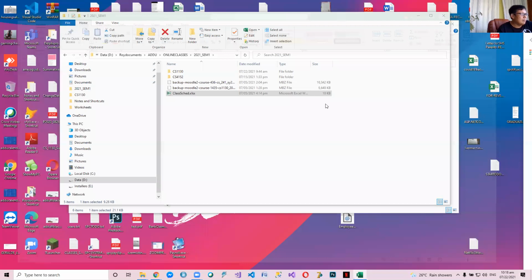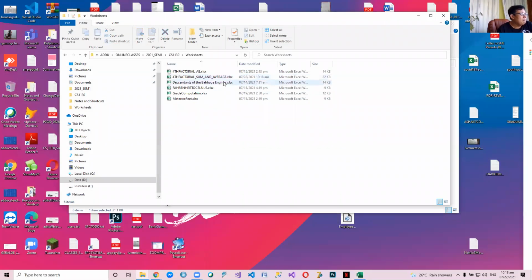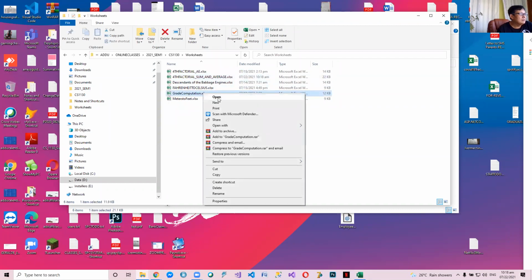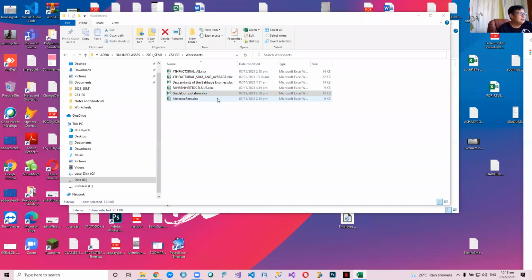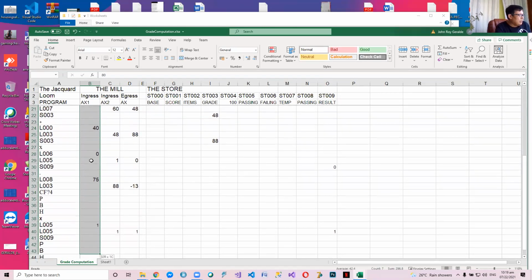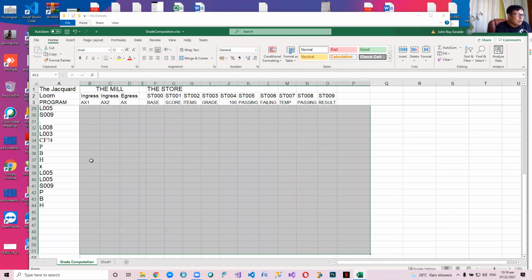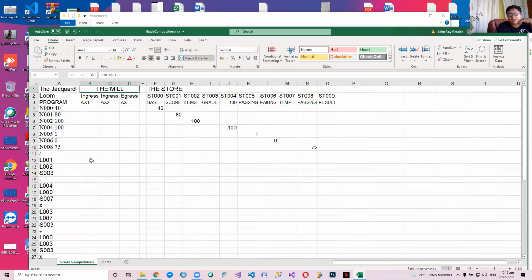So let me show you that example. This is the grade computation example. I will upload this now. Let me erase this first. What we will do here is convert a raw score from an exam into a grade.